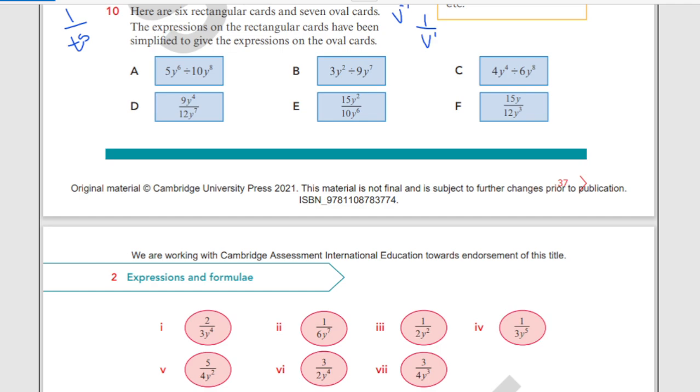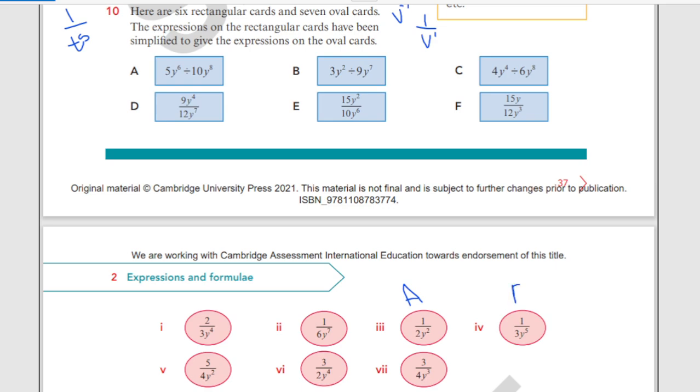So in part A, 5y power 6 divided by 10y power 8 will match with 3 over 2. You can tell 5 divided by 10 will be 1 over 2, and 6 minus 8 will be 2 in the denominator. For B, 3 divided by 9 will be 1 over 3, and 2 minus 7 will be 5, so it will be 1 over 3.